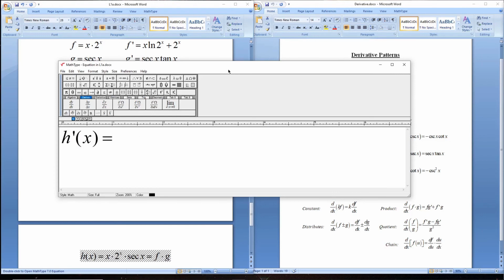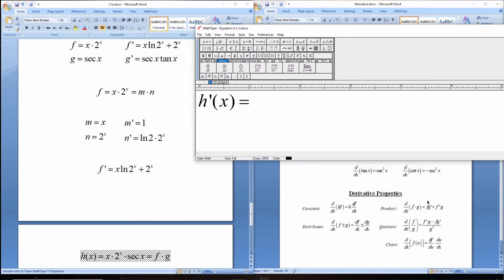And now the derivative of h, looking at the product rule, it's going to be f, which is x 2 to the x, times the derivative of g, which is secant x tangent x, plus the derivative of f, which is what we just figured out.